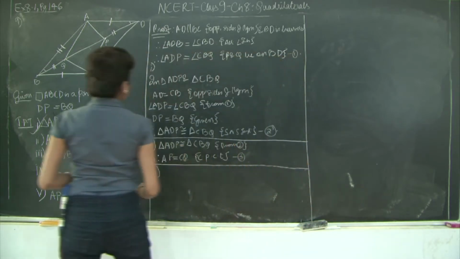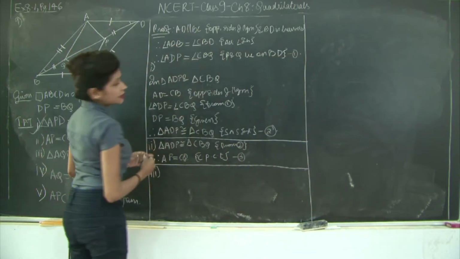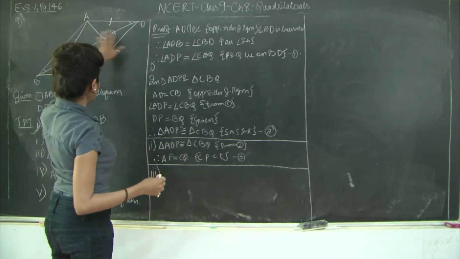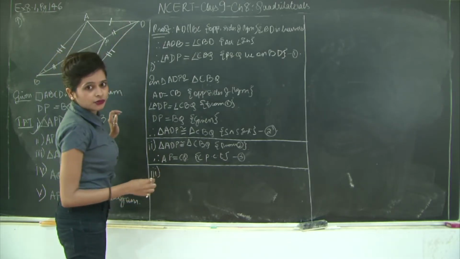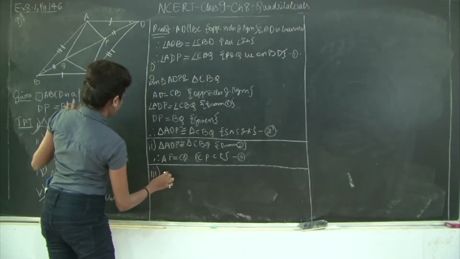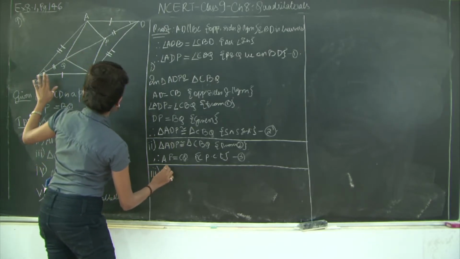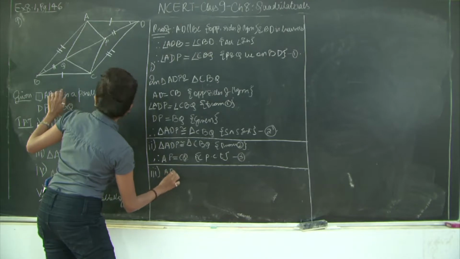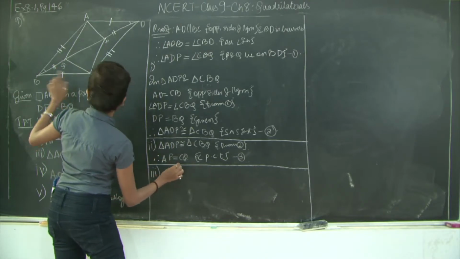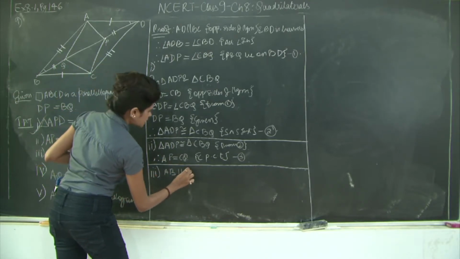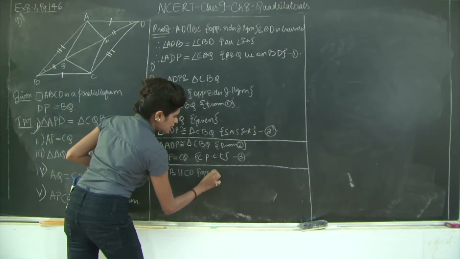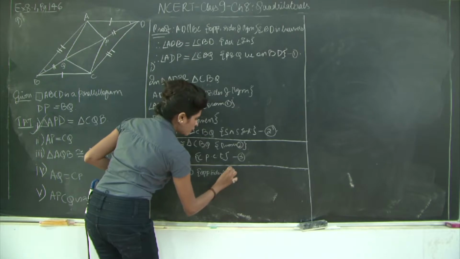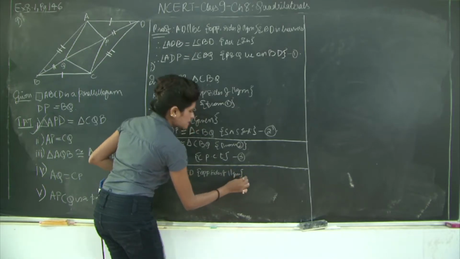For my third section, I will need to prove that angle ABQ and angle CDP are equal to each other. So let's start with that. We have AB is parallel to CD. Why? Opposite sides of a parallelogram.